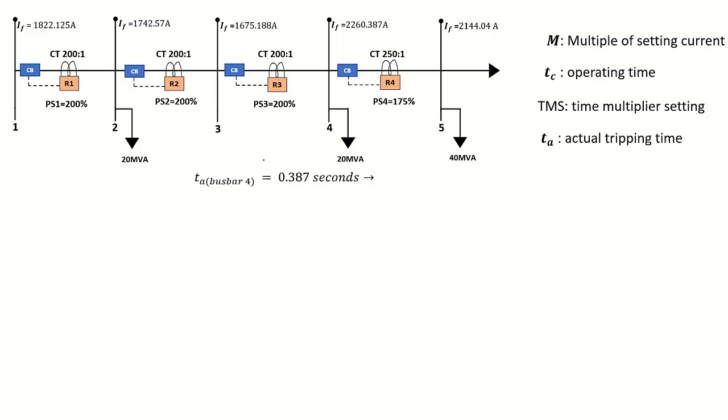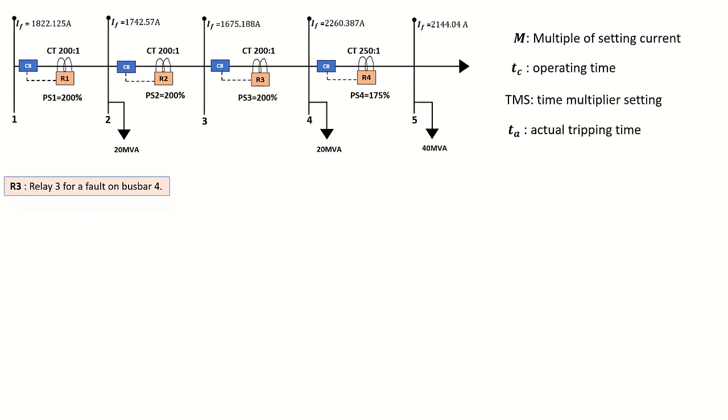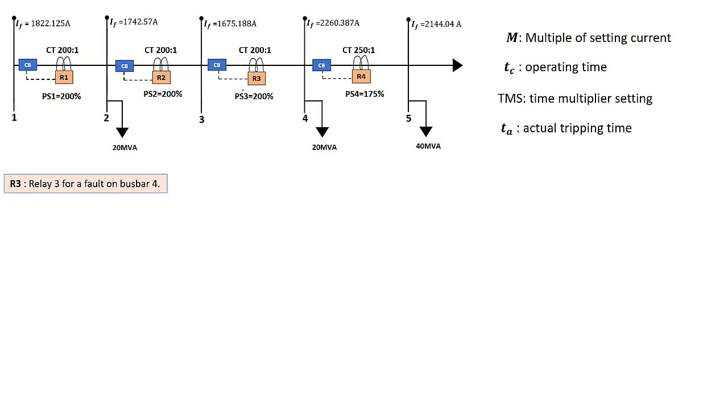Now for relay number 3, the first thing to do is to calculate for a fault on busbar 4. So that is now this relay here, which got a plug setting of 200% and the CT is 200:1, compared to this one that's got a CT ratio of 250:1 and the plug setting of 175%.